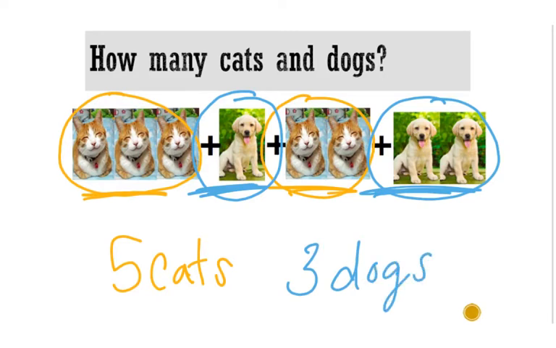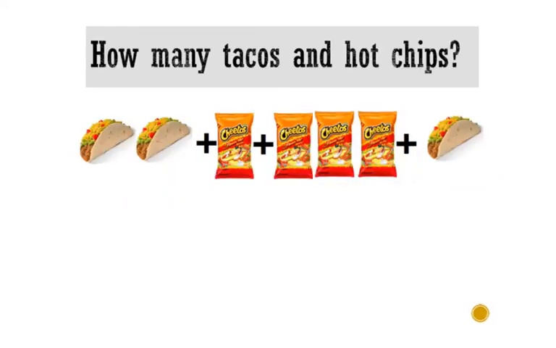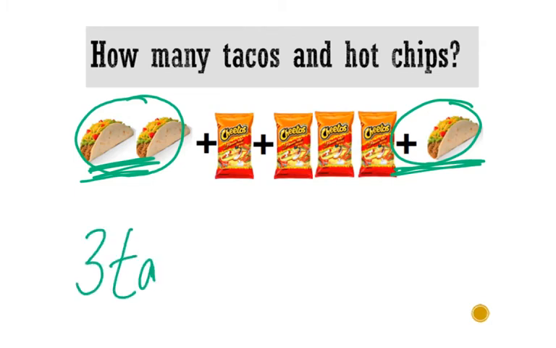So when we combine like terms, we're combining things that are the same. Let's try that again. In this situation, we have 2 tacos, sorry, plus 1 taco. So 2 tacos plus 1 taco equals 3 tacos. Then we have some hot chips.